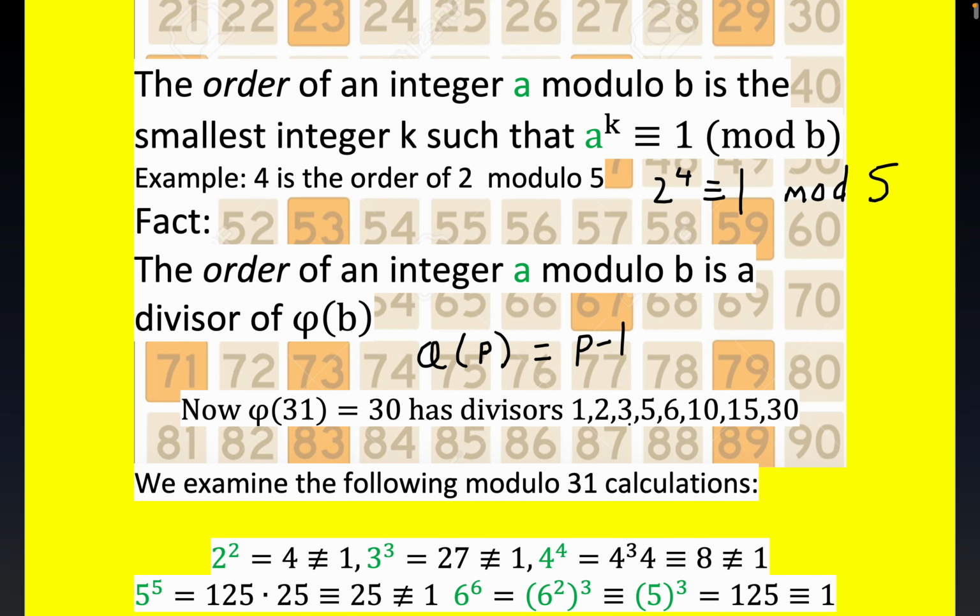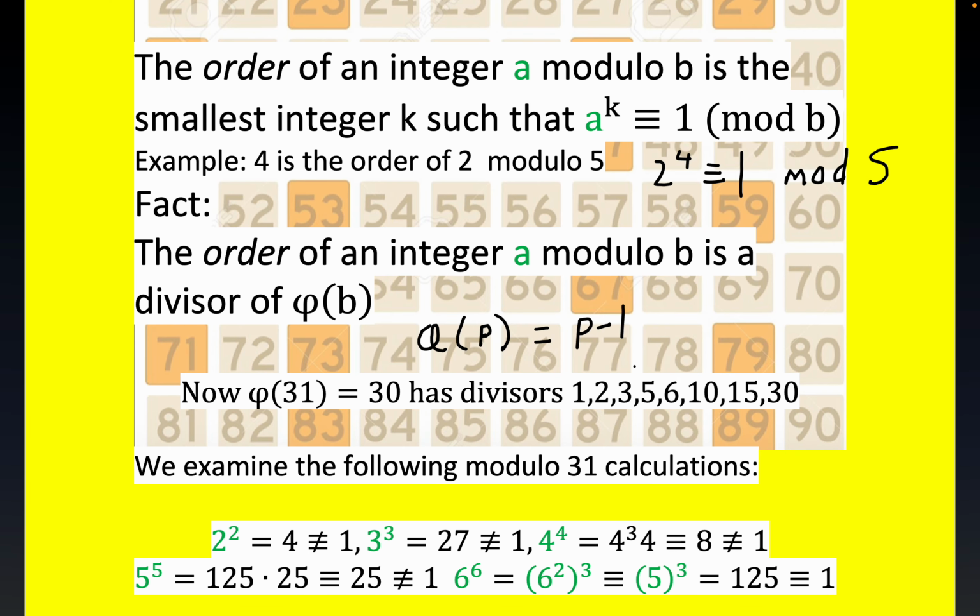And so the result I probably should write down also is that a raised to the phi of p is congruent to 1, assuming a and p are relatively prime. This is something I probably should have written down earlier. So this is a fact, and that's why this is useful.